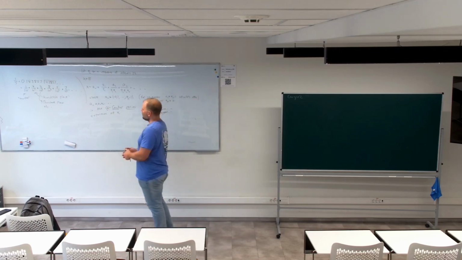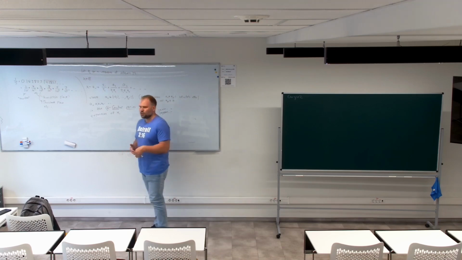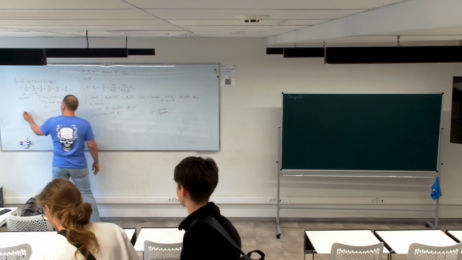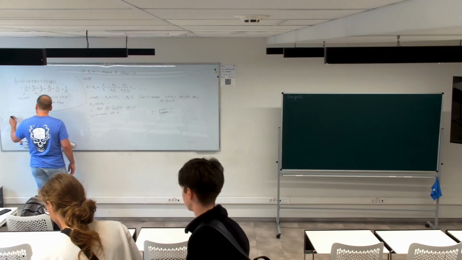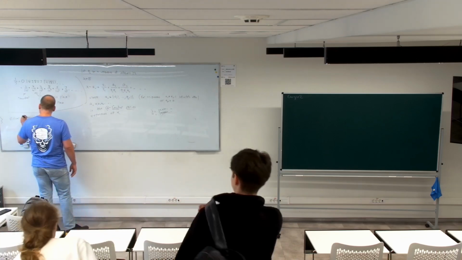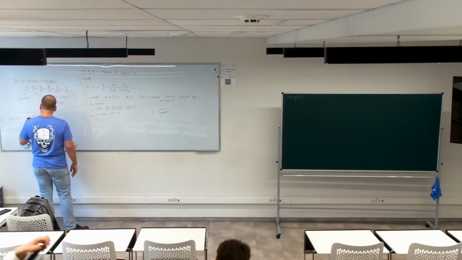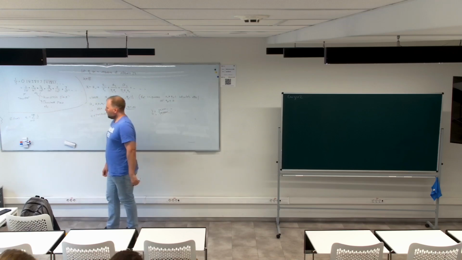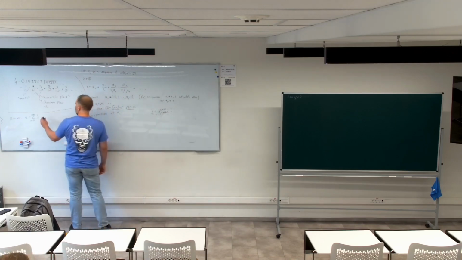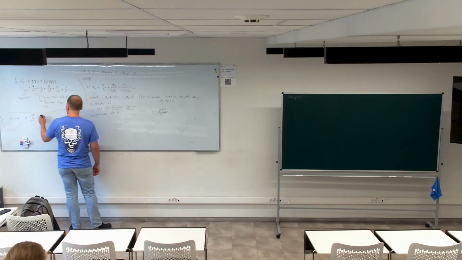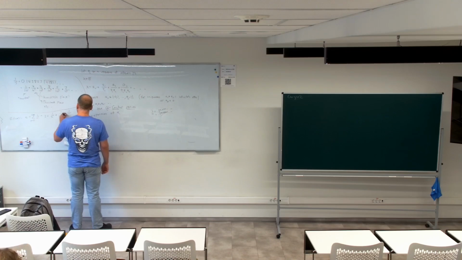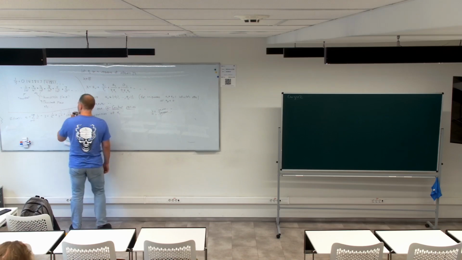So let's give some examples, and I'll actually give the original motivating example for caring about something like this. Let's recall that e is the sum from n equals 0 to infinity of 1 over n factorial. And we can rewrite this as 2 plus 1 over 2 plus 1 over 2 times 3 plus 1 over 2 times 3 times 4, and so on.